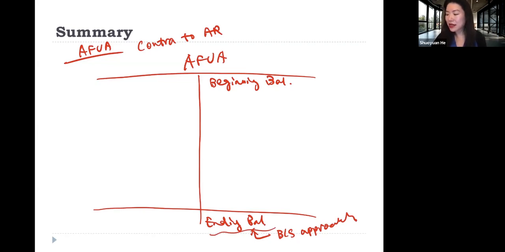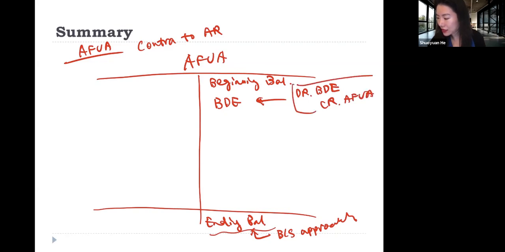However, how does this account change during the financial reporting period? First of all, it will be increased by the recording of bad debt expense. If the firm recorded any new estimation of the bad debt expense during this period, this account will increase due to the journal entry of debit bad debt expense, credit allowance for uncollectible account.